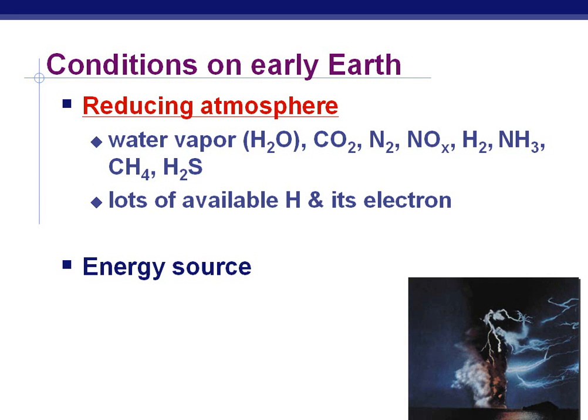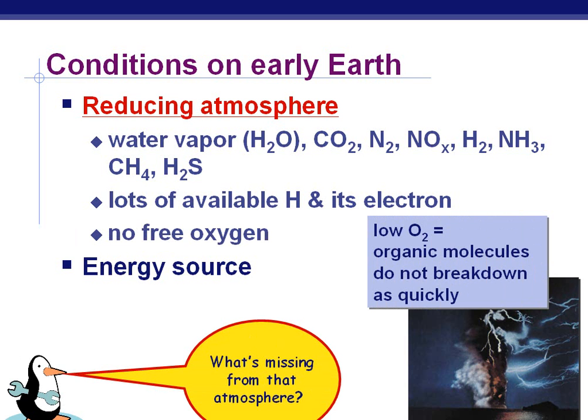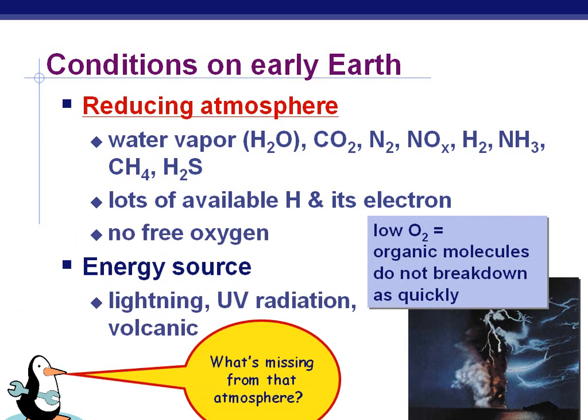Plenty of available hydrogen and the electron that goes along with it, therefore making it reducing, and no free oxygen. So what was the energy source? Lightning, UV radiation, and of course, volcanic activity.